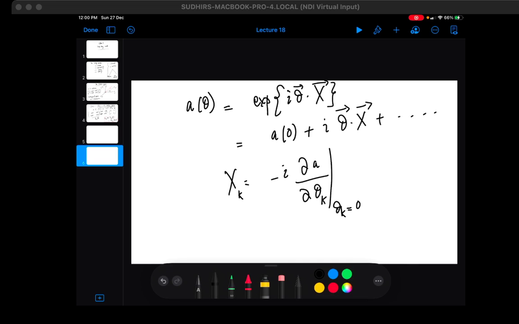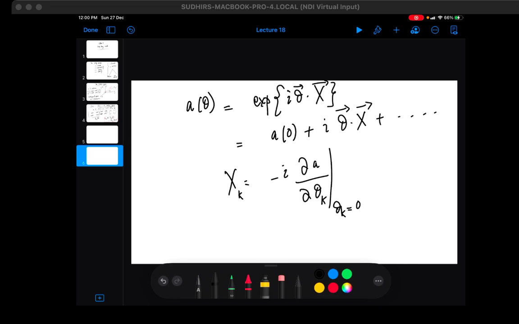So you can get the form of the generator easily. It is nothing but another formal way of writing the generators. So if you know the generators, you can actually write down what this is.